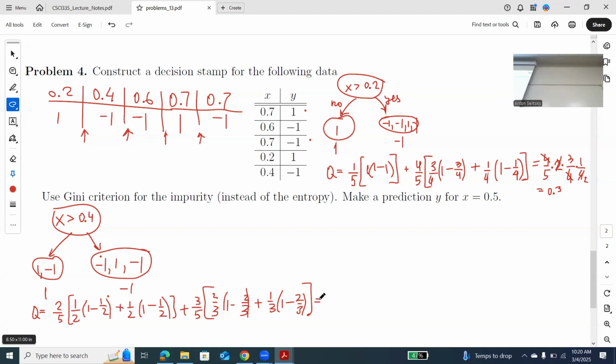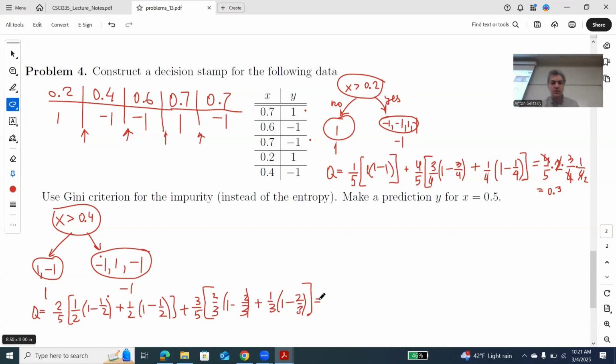Well, the first parameter results in 1/2 times 1/2, 1/4, no, it will be 1/2. 1/2, and 2/5 times 1/2 will be 1/5.